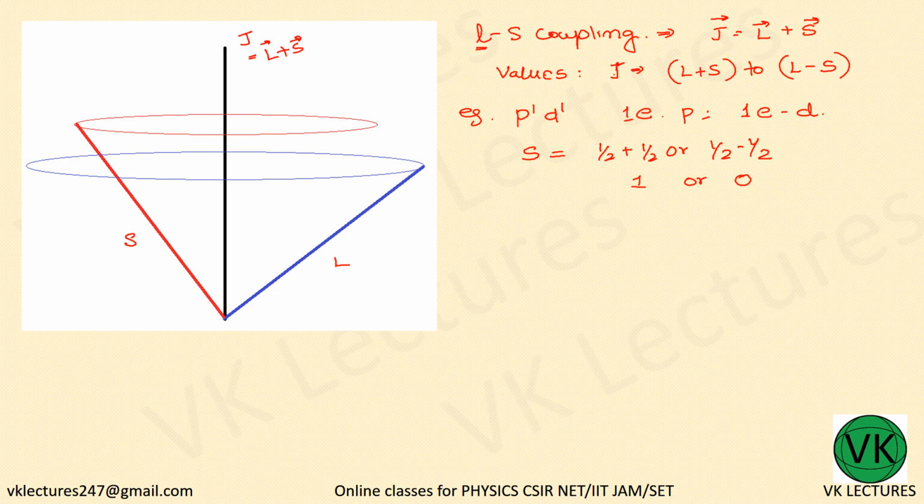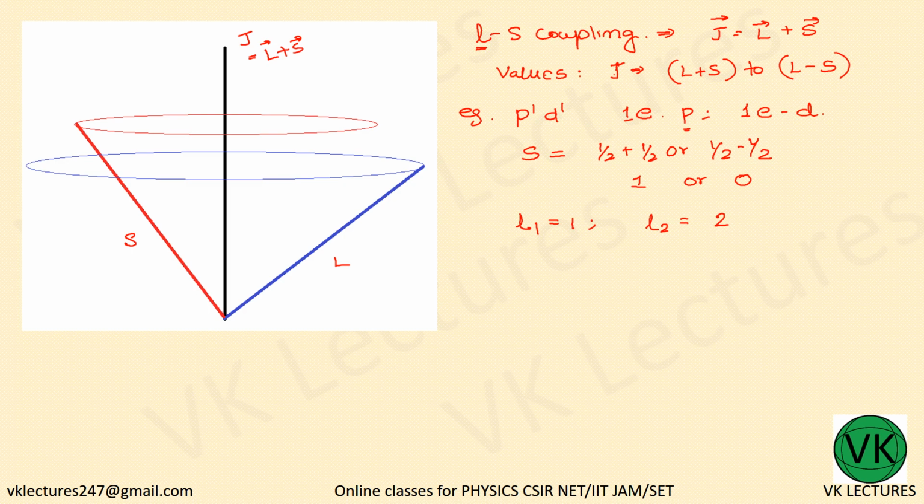Now L1, the angular momentum for the first electron in the P state, is equal to 1, and L2, for the second electron in the D state, is equal to 2.